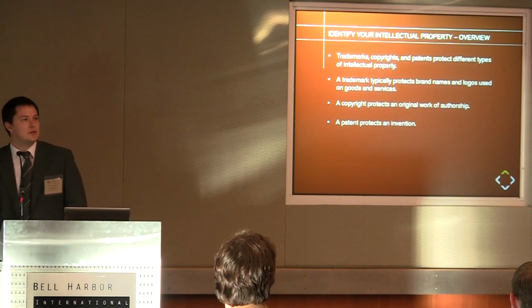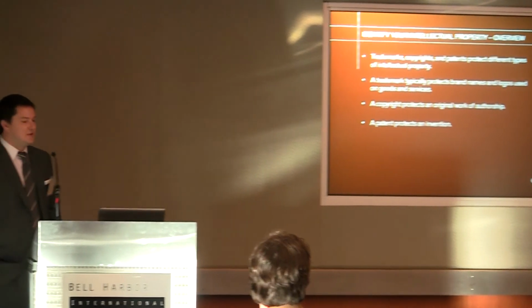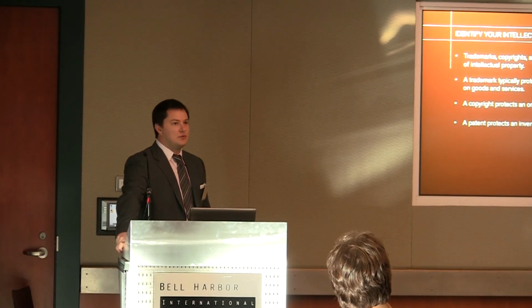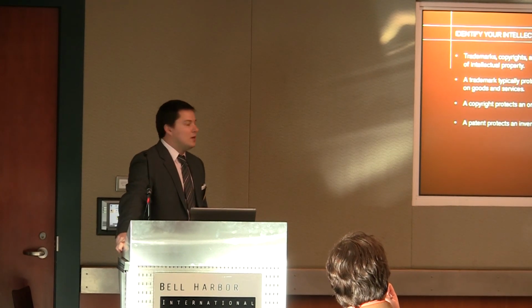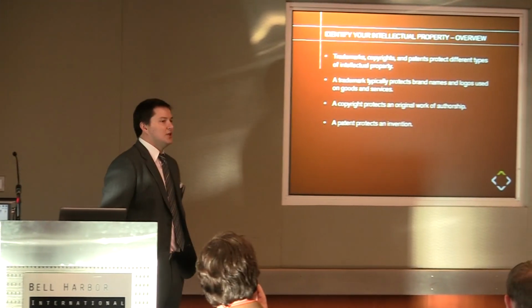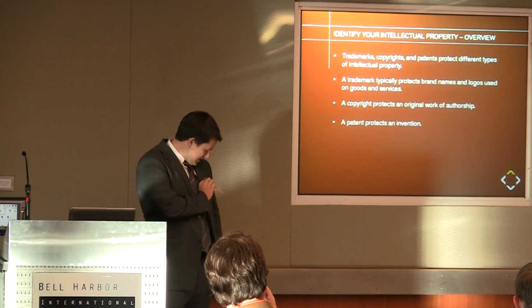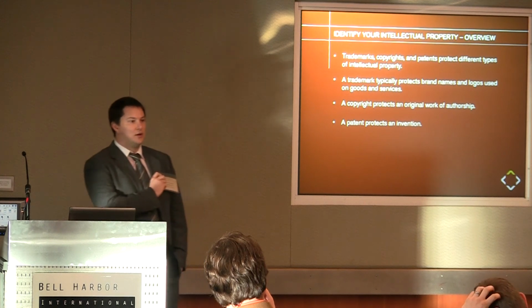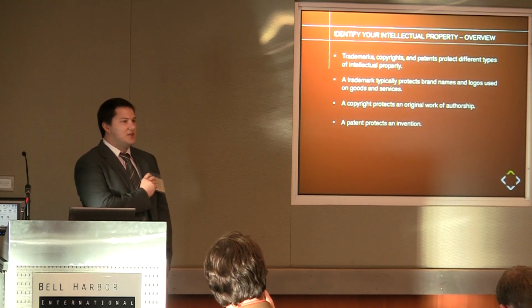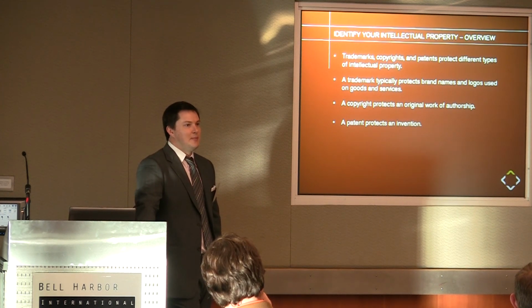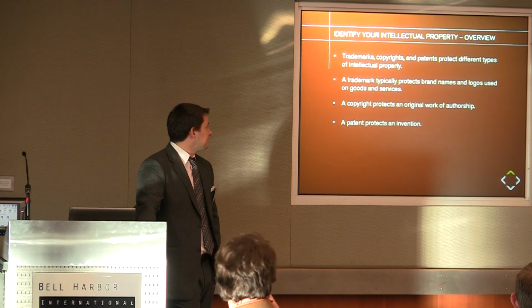So trademarks, copyrights, and patents protect different types of intellectual property. As most of you know, just kind of as a fundamental, a trademark protects brand names and logos used for goods and services. You all have the NWEN logo right here on your badge. This is kind of the mark that identifies a brand to consumers so that people know exactly what they're getting.